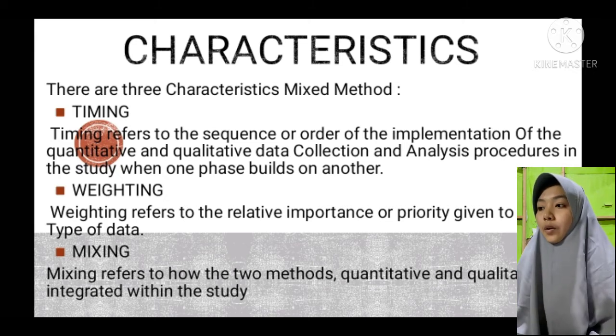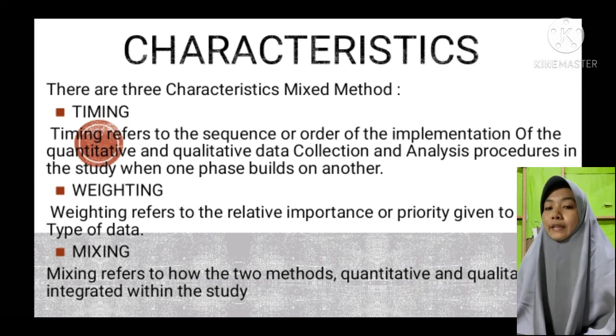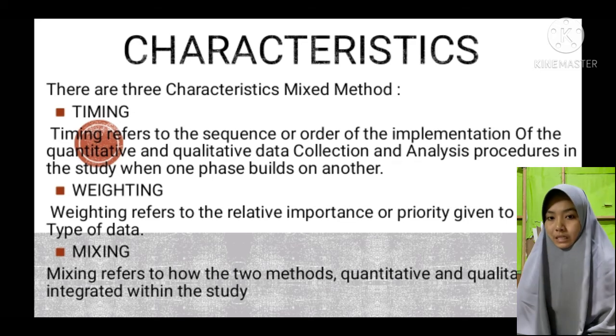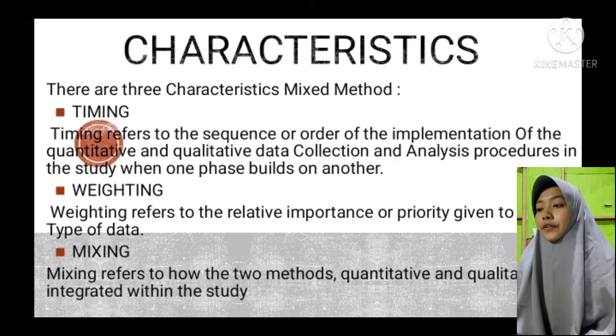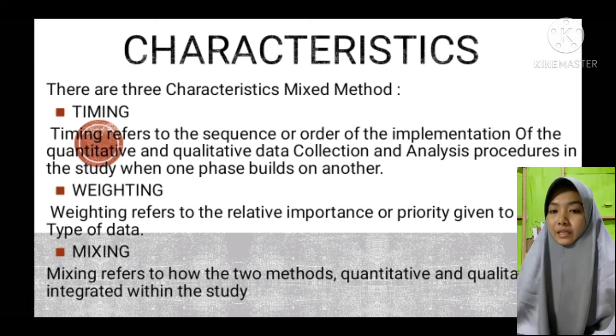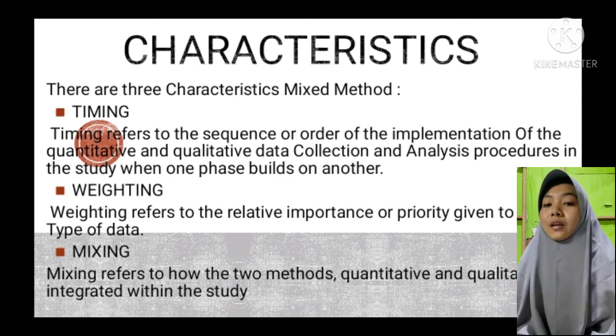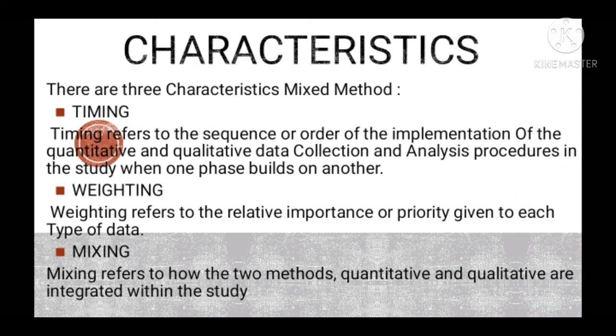The second, weighting, refers to the relative importance or priority given to each type of data. The last, mixing, refers to how the two methods, quantitative and qualitative, are integrated within the study.